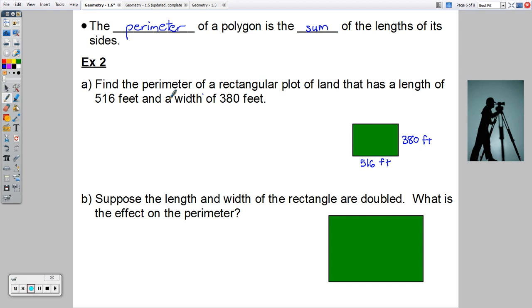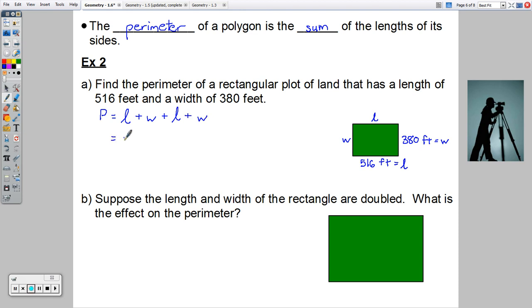And if we find the perimeter of that, we use capital P to represent perimeter, and we simply add the sides as the sum of the lengths of the sides. So if I say this is my length, I'll use a cursive L for that, instead of a regular print L so it doesn't look like a 1, and then a W for width. I know that I have my length here and my width here as well. So I have a length plus a width plus another length plus another width.